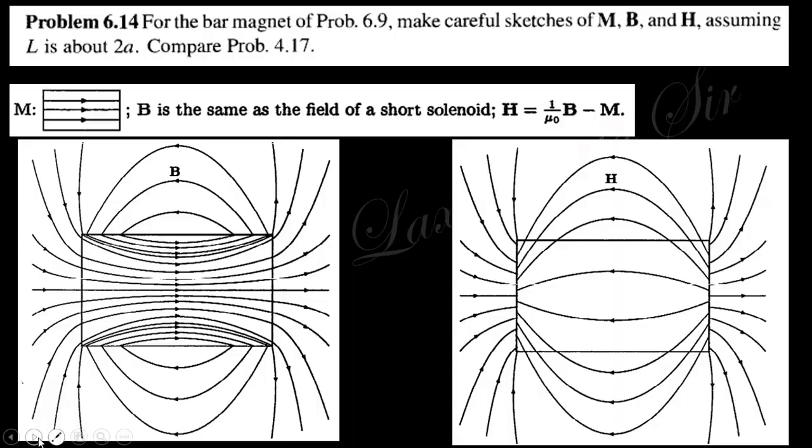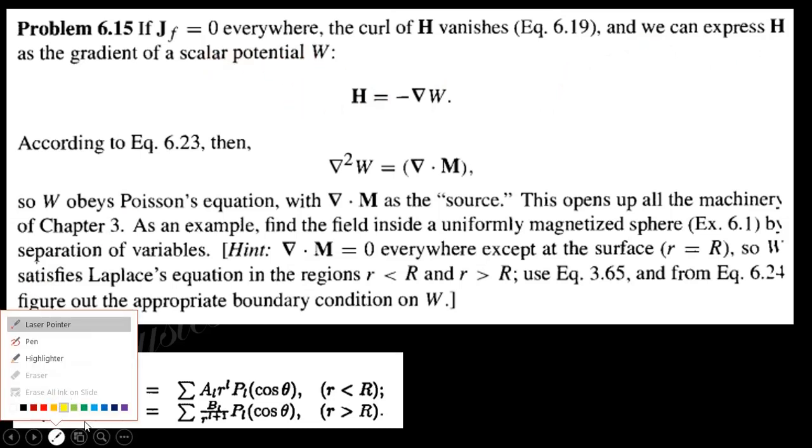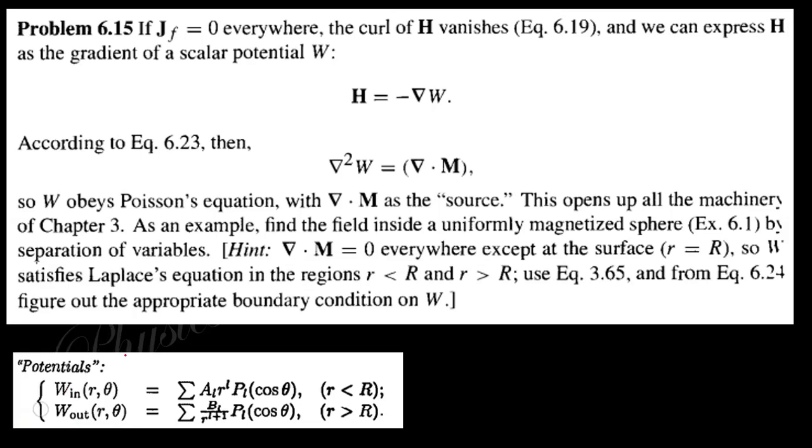Next question. J, the free current density, will be 0 everywhere, so the curl of H vanishes, because J is 0. If the curl of H equals 0, then H can be taken as minus the gradient of some scalar.